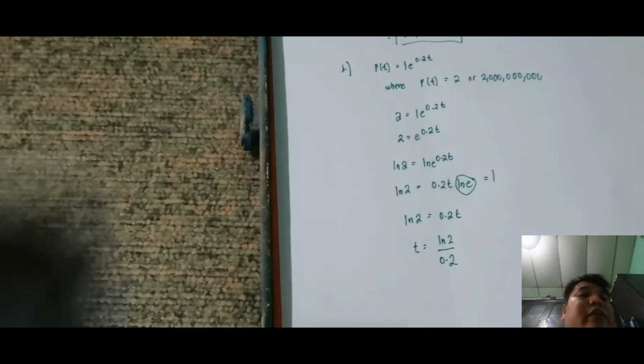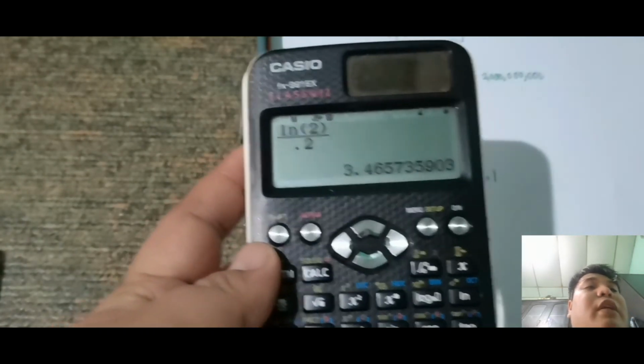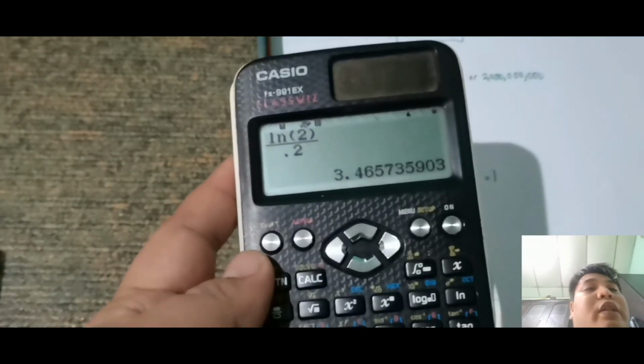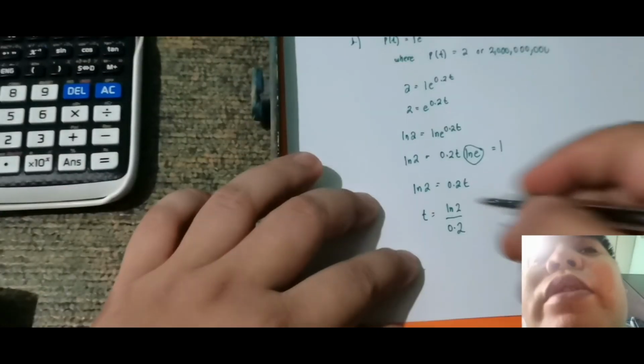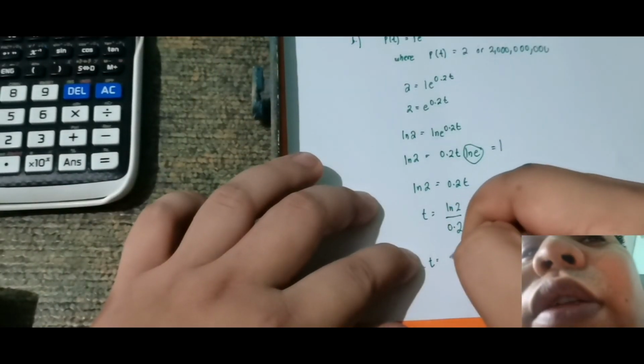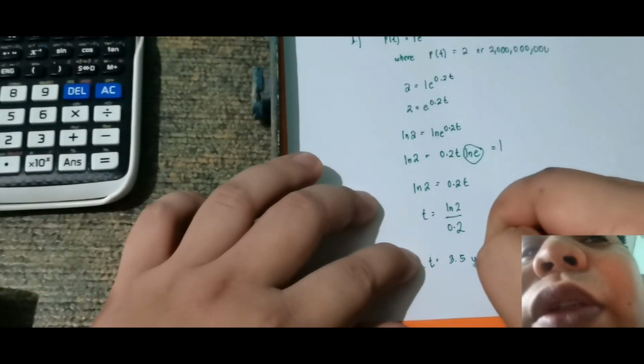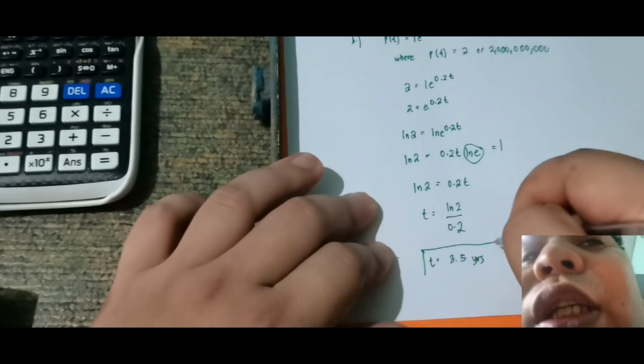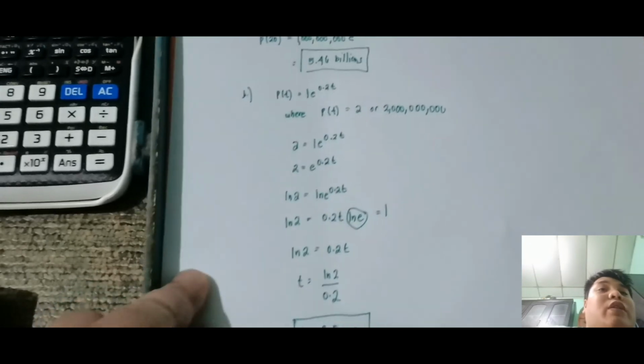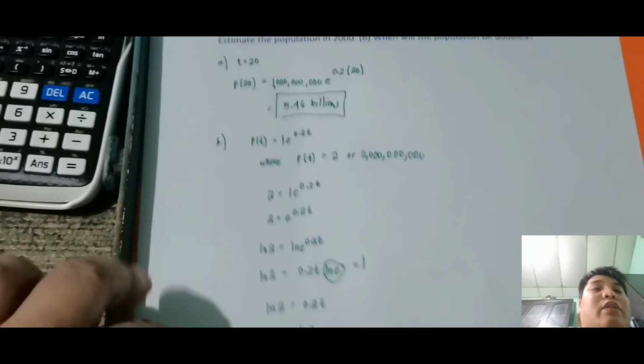That is simply 3.46 or 3.5 years. So this is just t is equal sa 3.5 years. So meaning in 3.5 years siya ay magdo-double. Ganun kabilis.